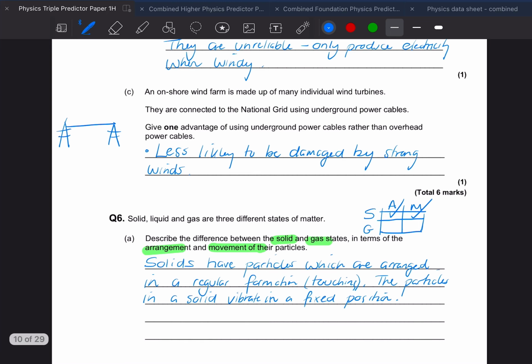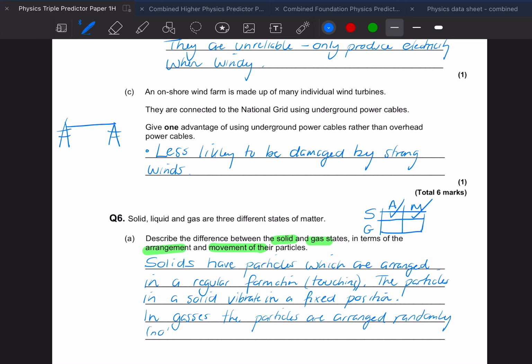Let's do the gas. In gases, we talk about the arrangement. The particles are arranged randomly, not touching. How do they move?